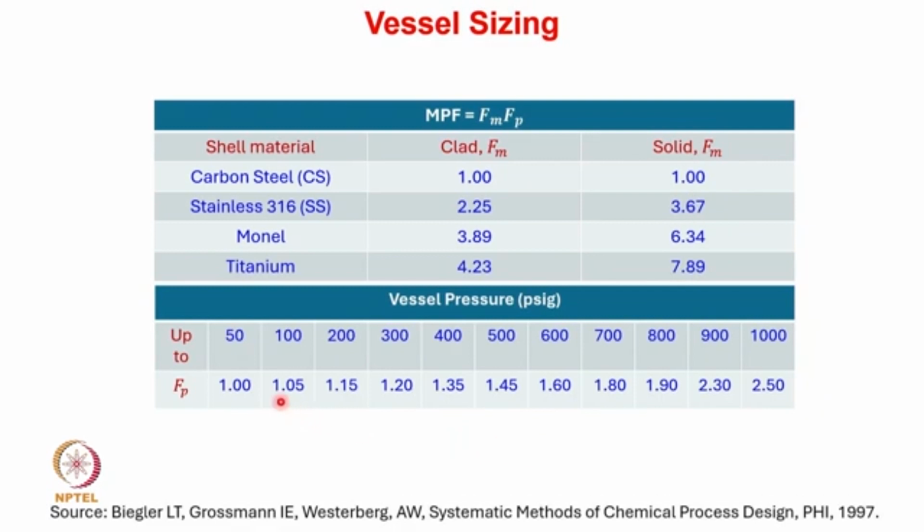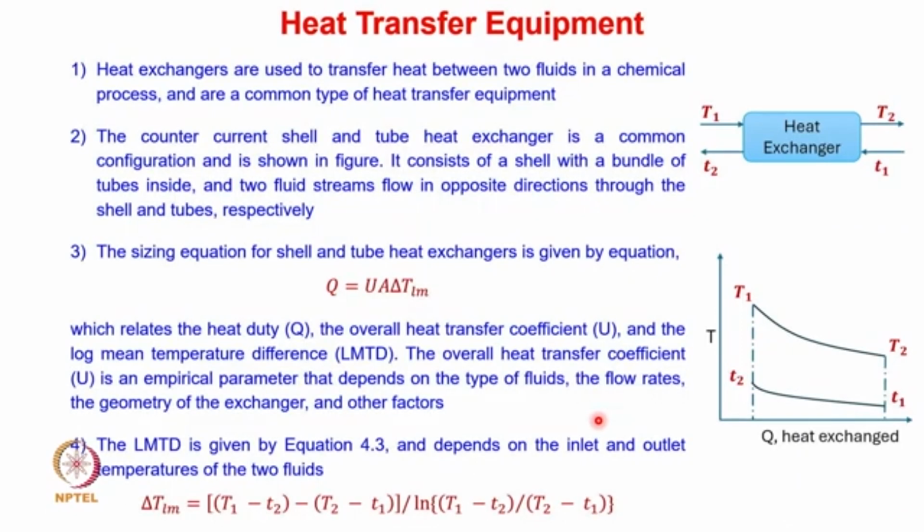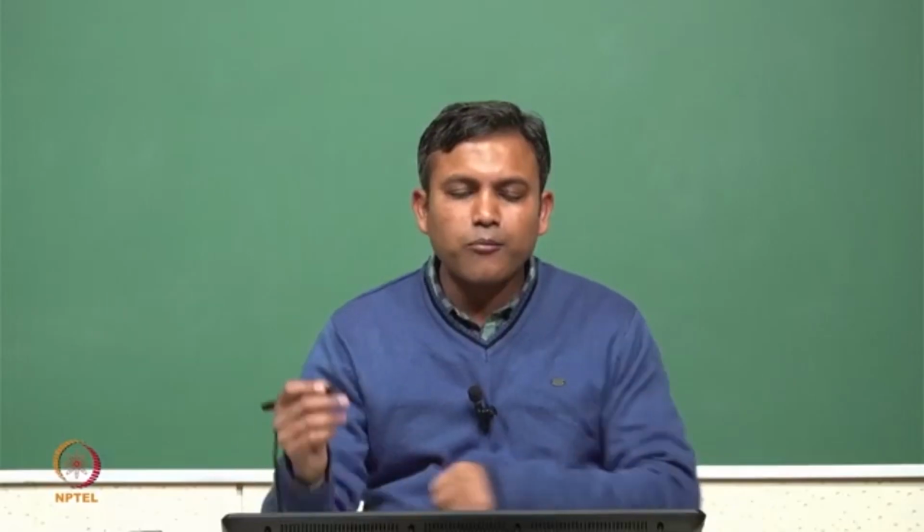Also the pressure factor increases as the pressure increases from 50 psig to 1000 psig. You can see that the pressure factor is increasing from 1 to 2.5, and all these have an impact on the cost calculations.